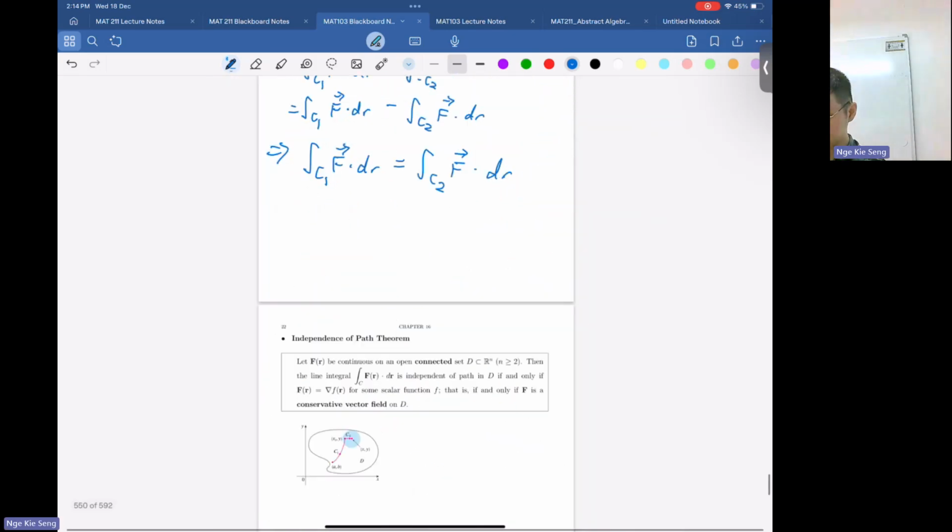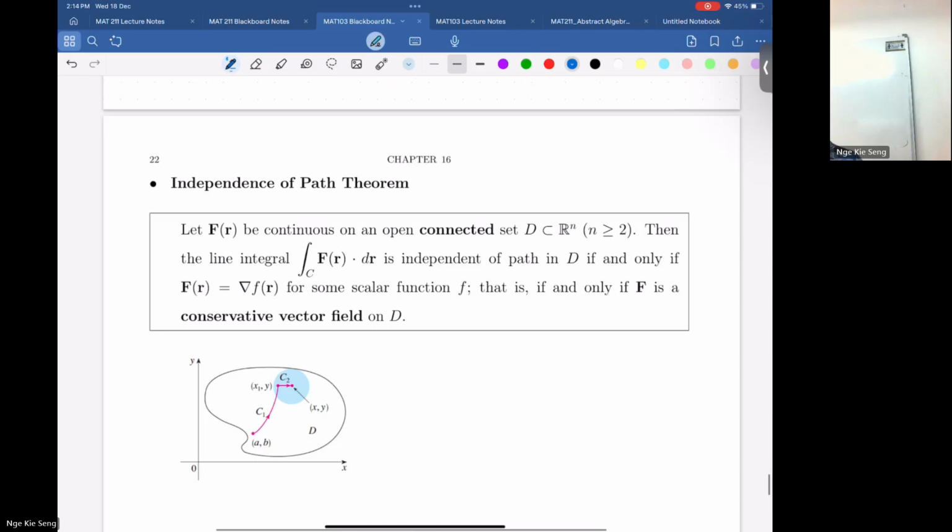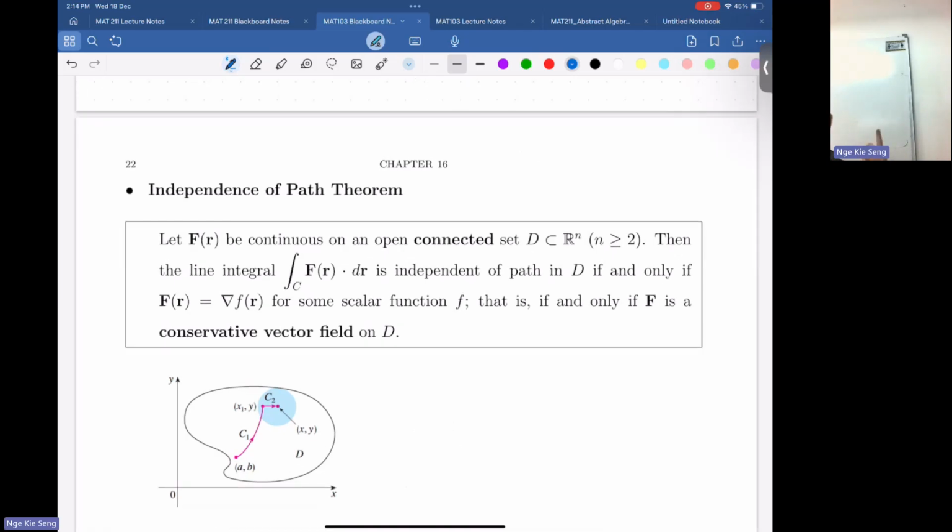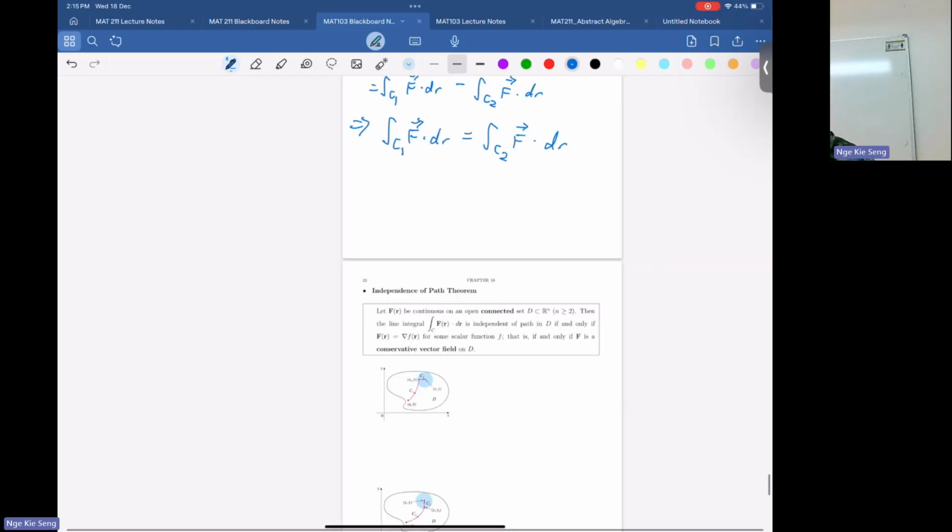Okay. Next theorem. So now we try to link line integral independent of path to conservative vector field. So what it says here: if you have an F which is continuous on an open connected set. So here we got more property you need to check. We need to have an open connected set.